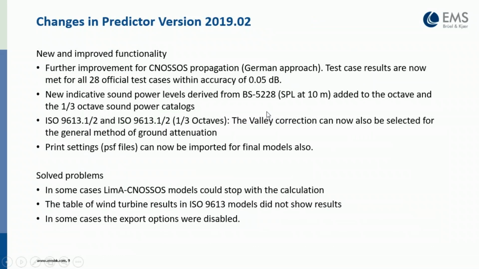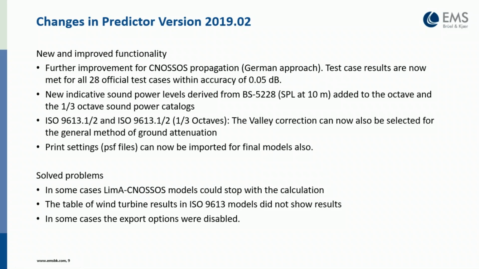I won't go into that part, but I will go into this part, because we released last month version 2019.02. And there have been some further improvements for the Knossos propagation, and that has been the German approach, because at the moment there are no official test cases for Europe for the Knossos.